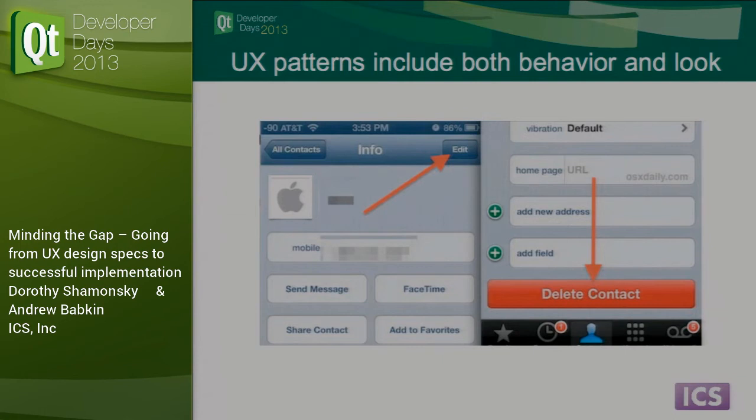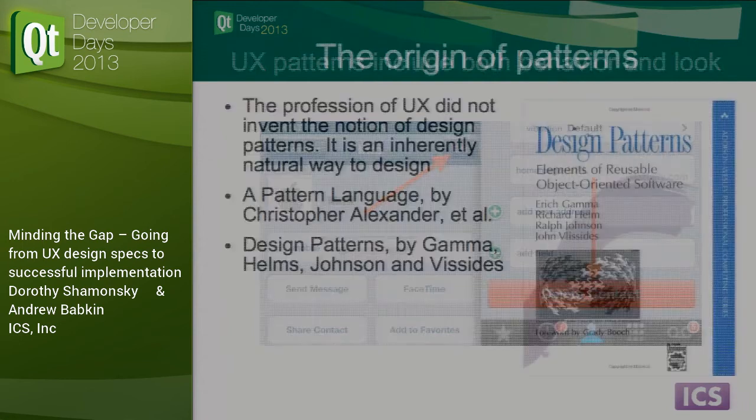So the delete is always at the bottom of the edit contact. The delete button is always consistent. The significant thing about patterns is that they can translate directly into components or widgets or some form of reusable code.